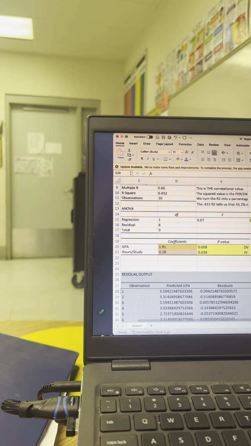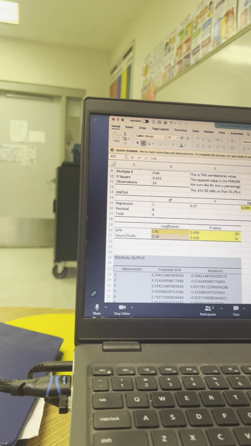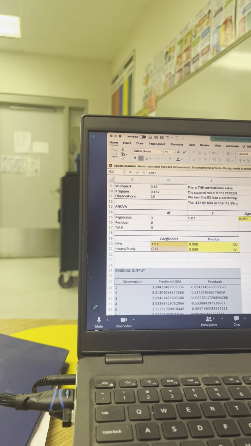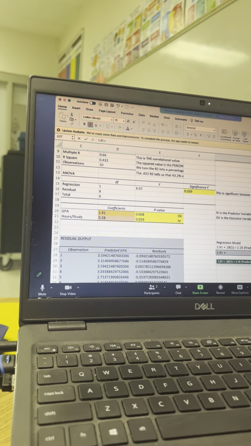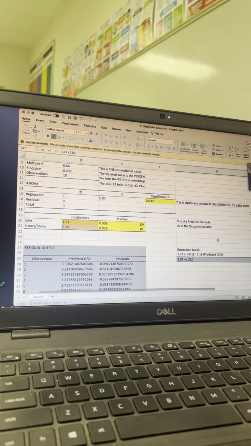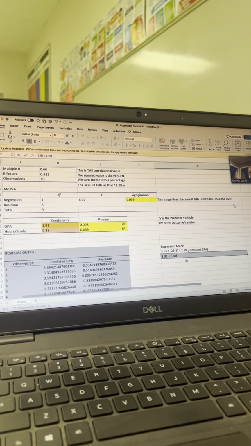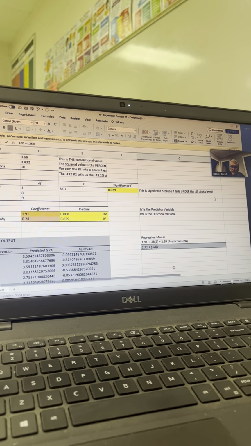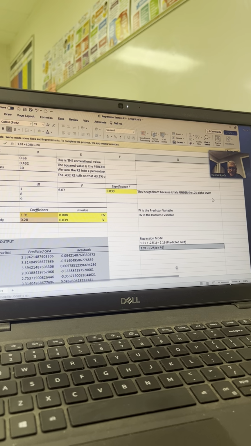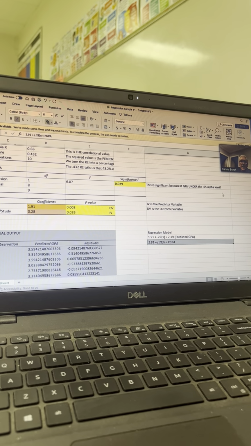So again, go back and have that 1.91 plus 0.28 times x, and that's going to equal my predicted GPA. That is a regression model.